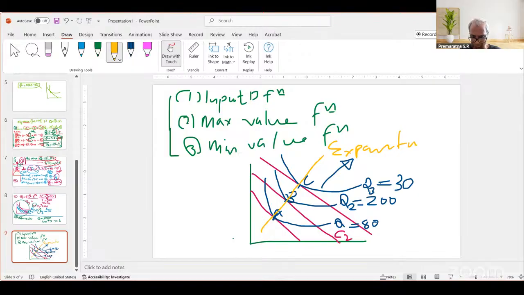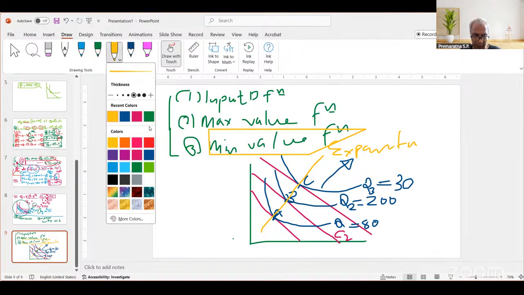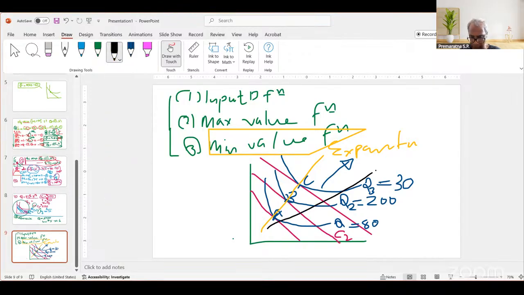So you can see that along this line, the expansion path, the producer has the minimum cost. Any other path, for example, if I draw another path here, somewhere like this, in black, it's not the minimum cost because it does not go through the optimal points.